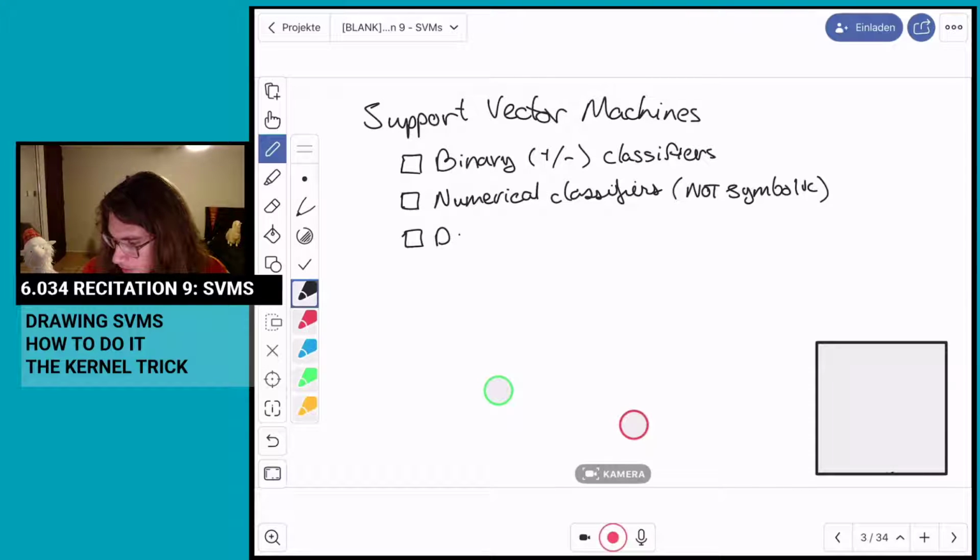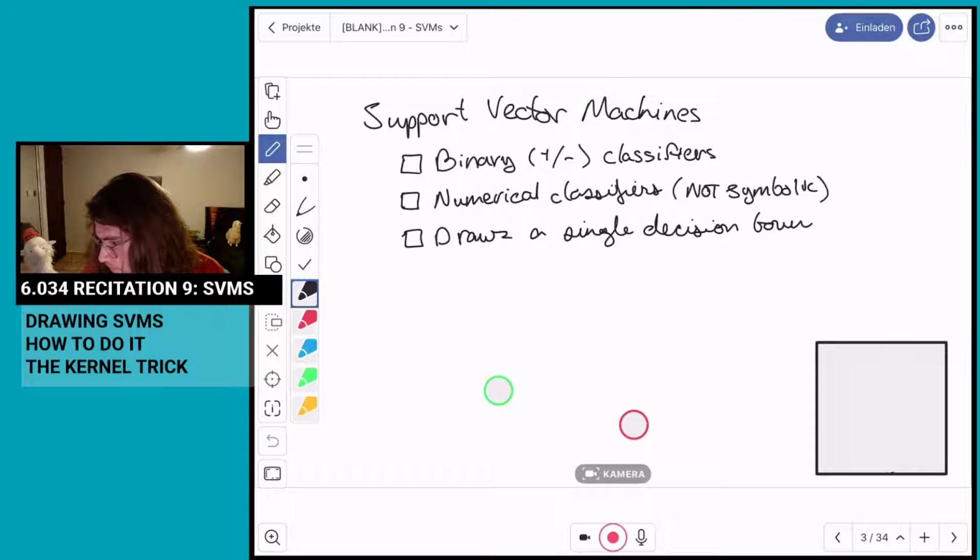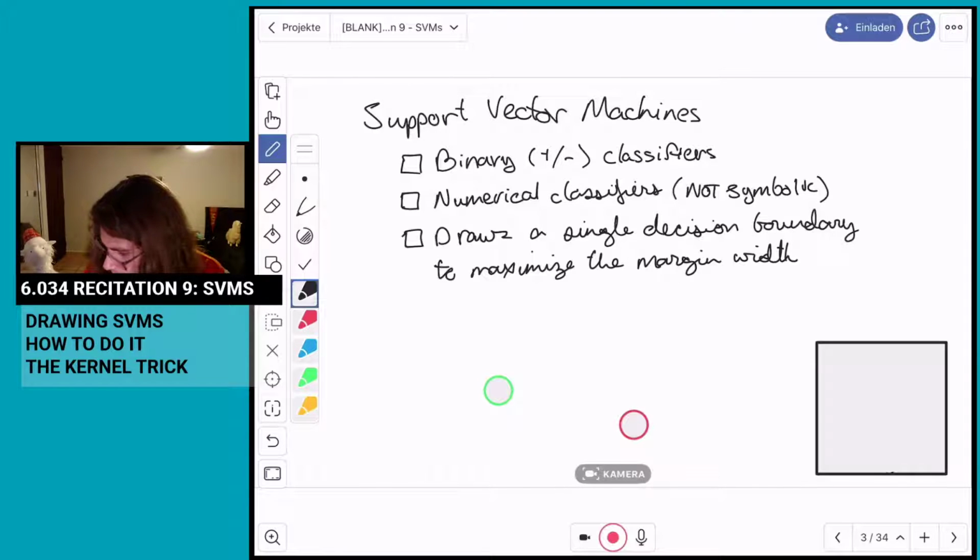And now finally, for the punchline, the support vector machine draws a single decision boundary to maximize the margin width between the positive and the negative points.